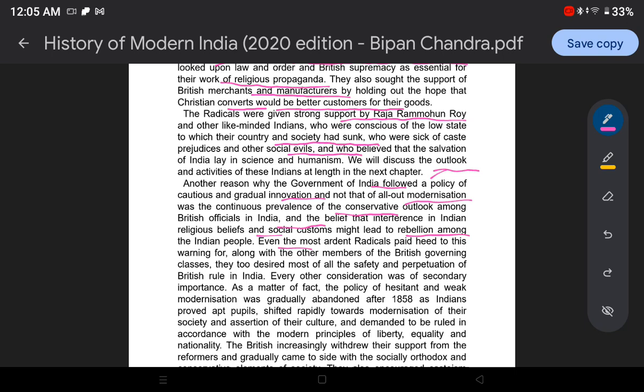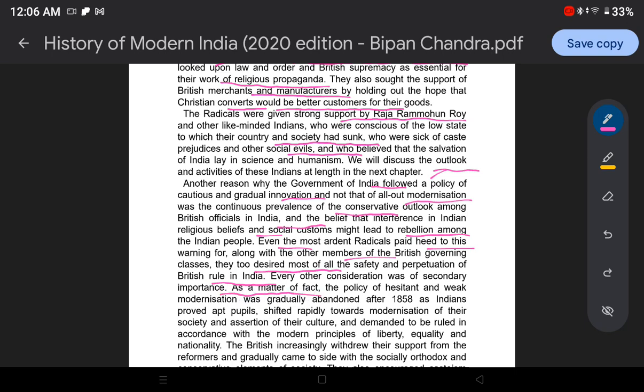Even the most ardent radicals paid heed to this warning, for along with the other members of the British governing classes, they too desired most of all the safety and perpetuation of British rule in India. Every other consideration was of secondary importance.